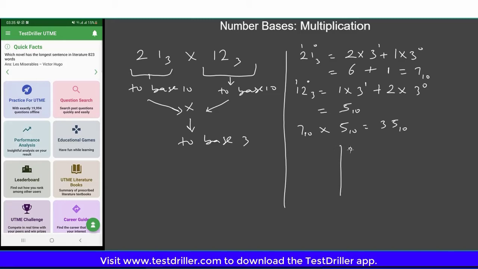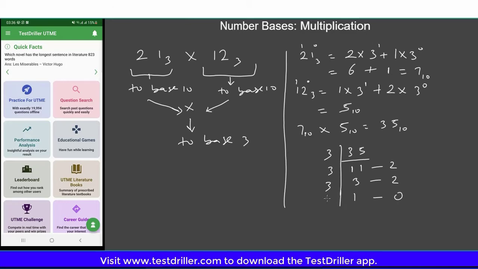You do it by taking 35 and dividing by 3 until you get to 0. So 3 in 35, that's 11, with a remainder of 2. 3 in 11, how many 3s can you take out of 11? That's 3 times 3, 9. If you subtract 9 from 11, that gives you 2. So the remainder here is 2. Then 3 in 3, that gives 1, and the remainder is 0.